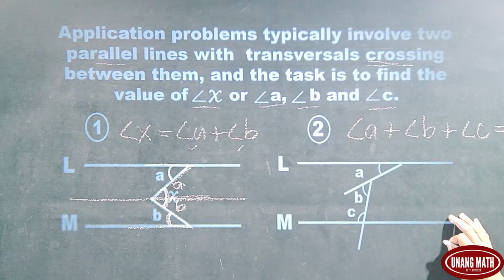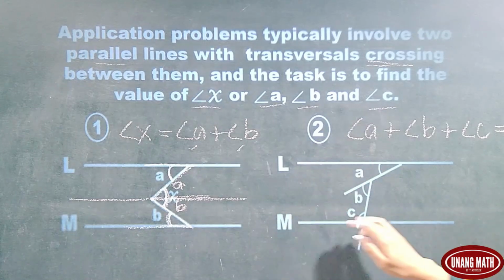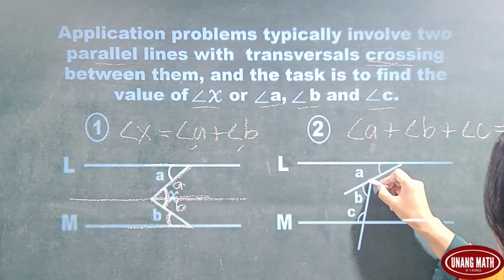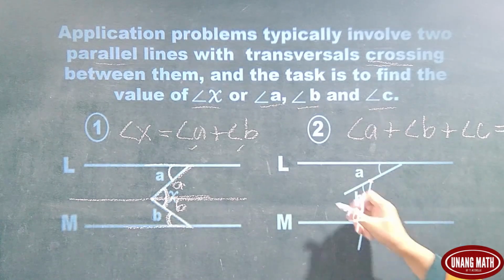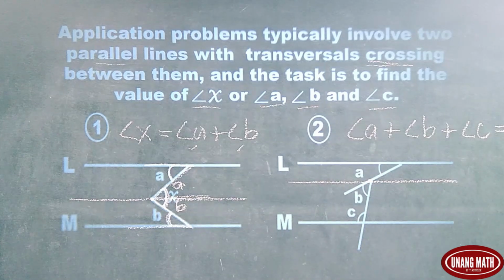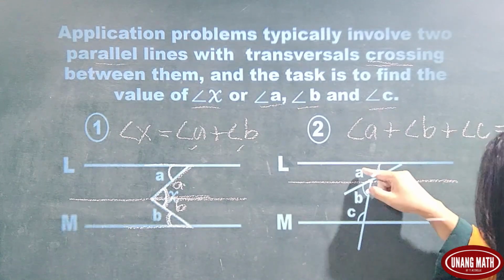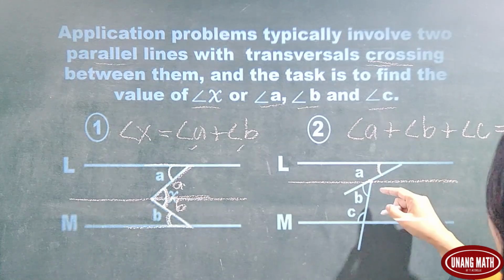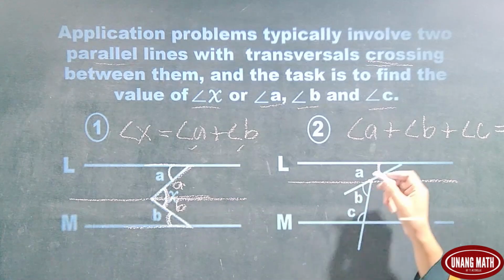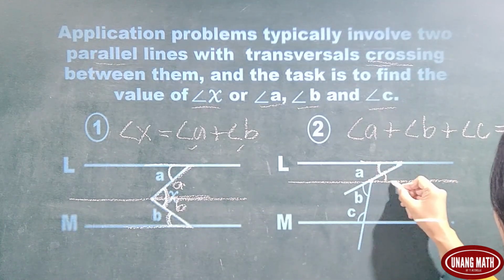Okay, we have to draw the helping line parallel to line L and M and to where the transversals meet or cross. So this is the crossing point. So our helping line is this line. Okay, now apply the property of parallel lines. This is angle A. This angle A and this angle are alternate interior angles.